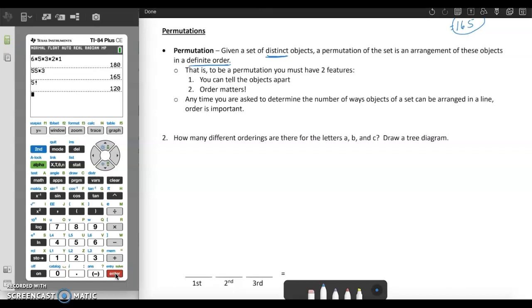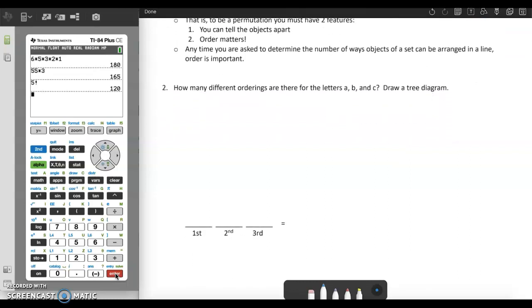If either one of those things is not there, then it's not a permutation. Anytime you're asked to determine the number of ways objects in a set can be arranged in a line, order is important, right? Because what comes first, second, third in a line matters. Ask any child whether being first or second in line matters. It does.